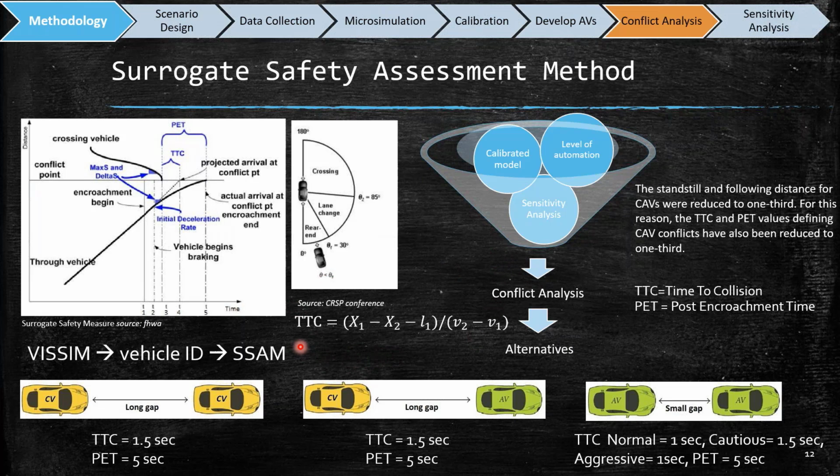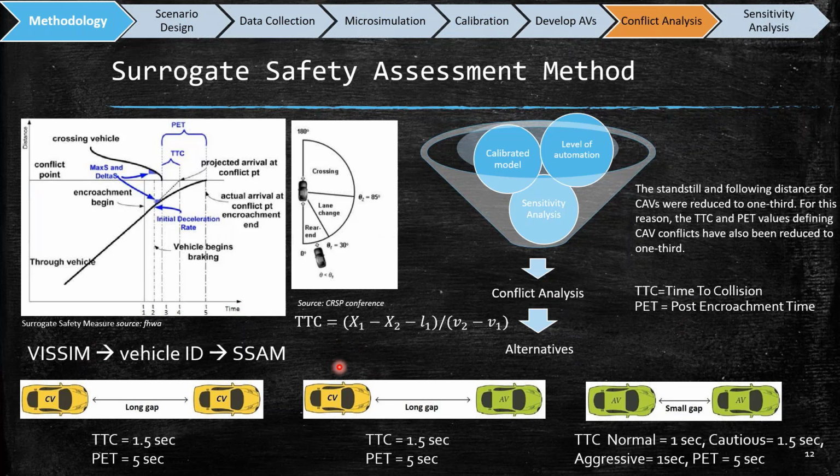So we can consider the maximum TTC to be 1.5 between two vehicles, but we cannot rely on the values. We can use the vehicle ID, go back to Vissim, identify which type of automated vehicle it is, distinguish them from conventional vehicles, and then go back and analyze the TTC to see whether it is under the range or not.